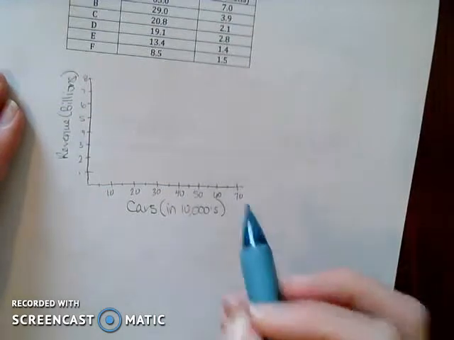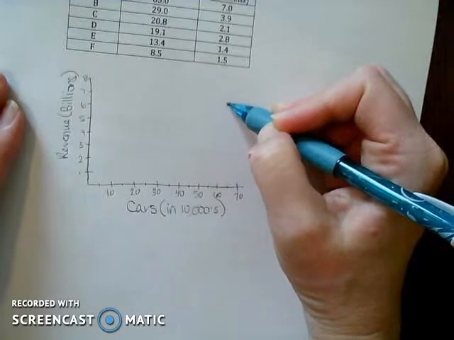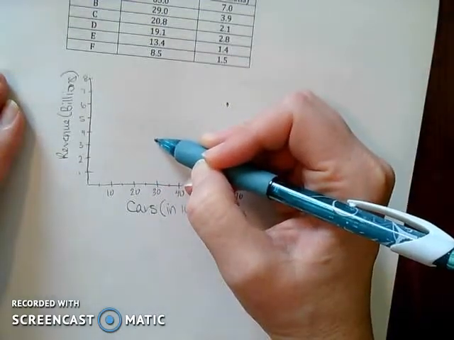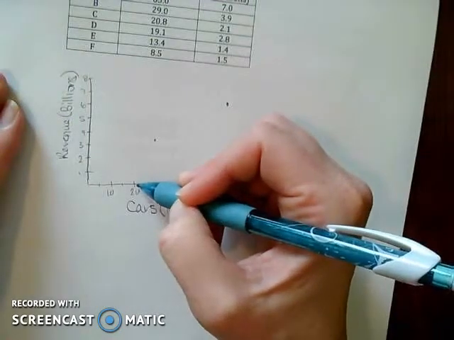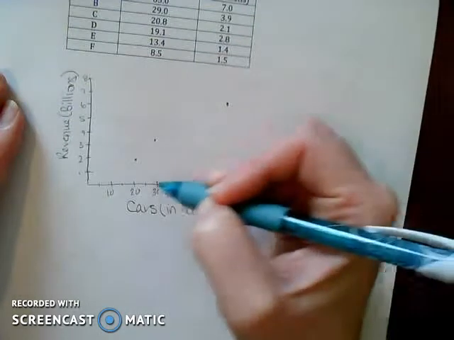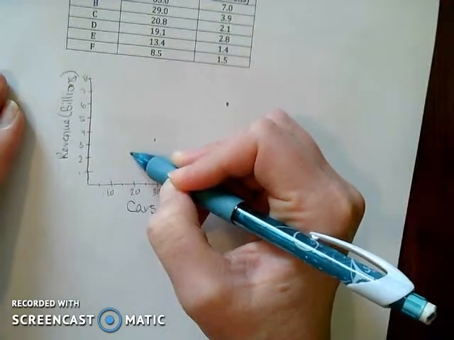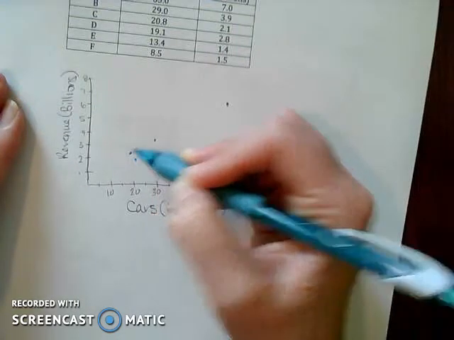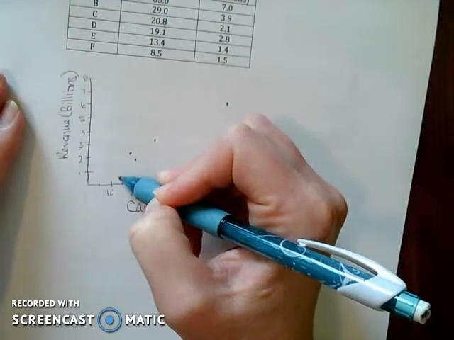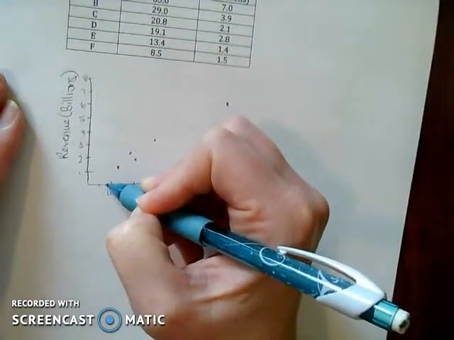Okay, then we just dot our ordered pairs. So 63 is 7, 29 is 3.9, 20.8 is 2.1, 19.1 is 2.8, 13.4 is 1.4, and 8.5 is 1.5.